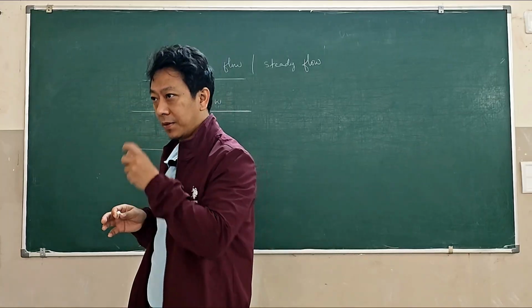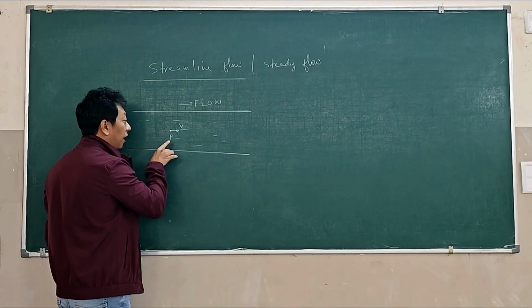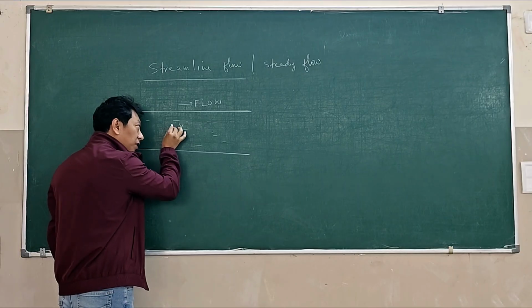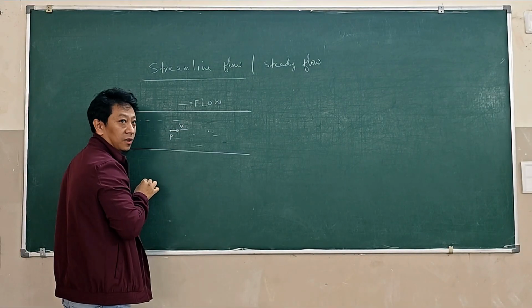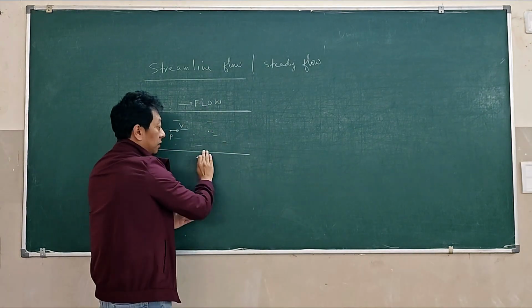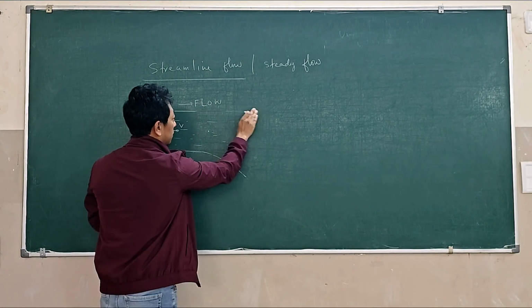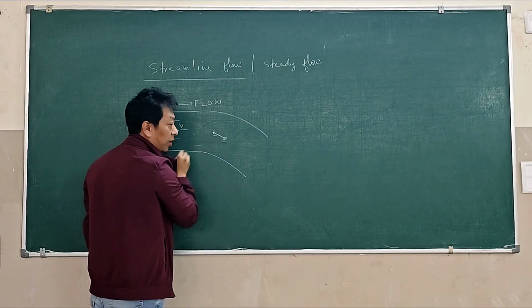When water gushes out from a tap, understood? I'm not saying Akanksha should always have this same velocity. No. After some time when Akanksha reaches here, if the pipe is like this, her velocity will be somewhere here.